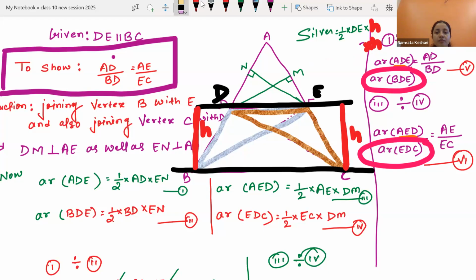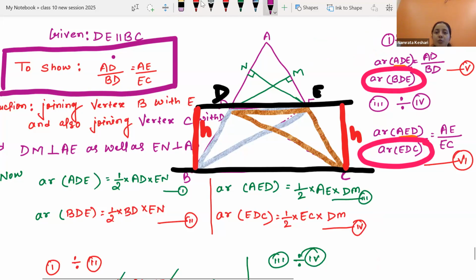Okay, so I'm going to write that area of triangles lying between two parallel lines having the same base. Having the same base is really important. If the base you are not taking same, then the area can vary, because the height will be same, the perpendicular you will drop will be same, but the base you need to take same, then only the area will be same.